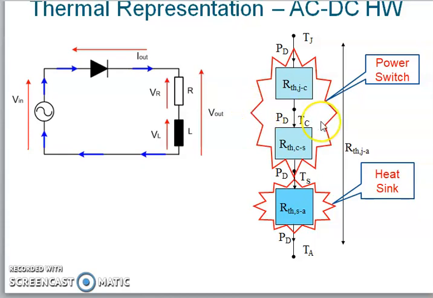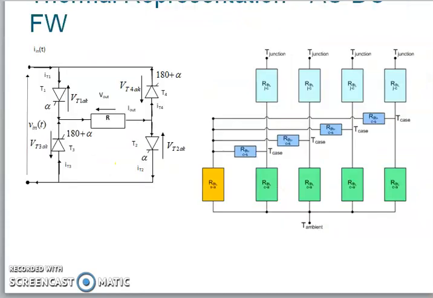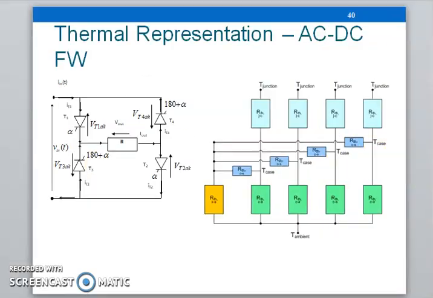If we use individual heatsinks, this is how the equivalent circuit should be drawn. This is for AC/DC, and we have four devices, so each has its own heatsink.